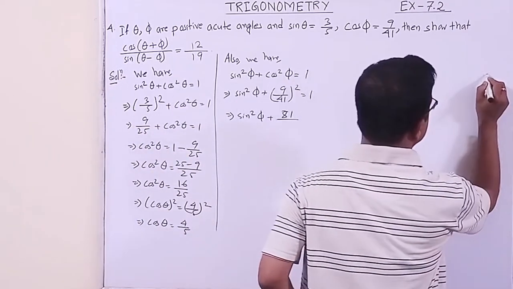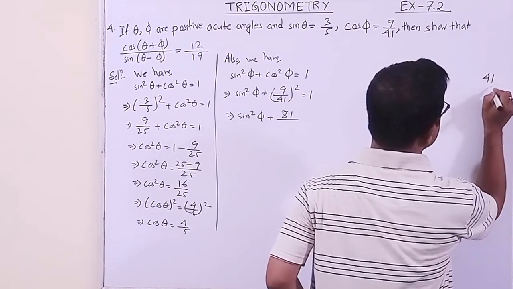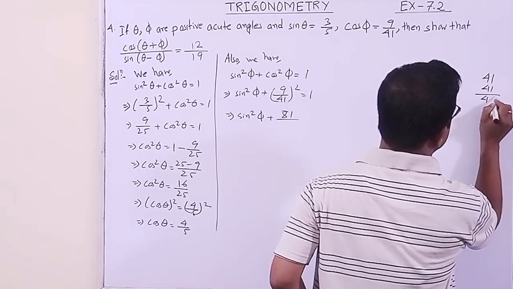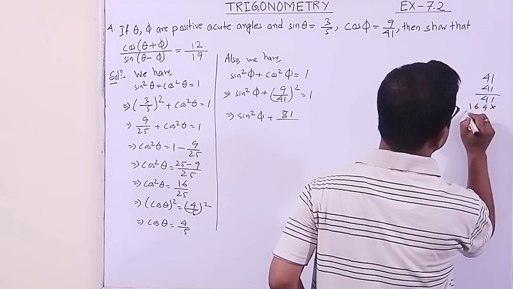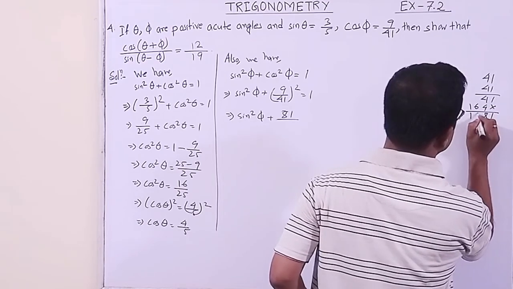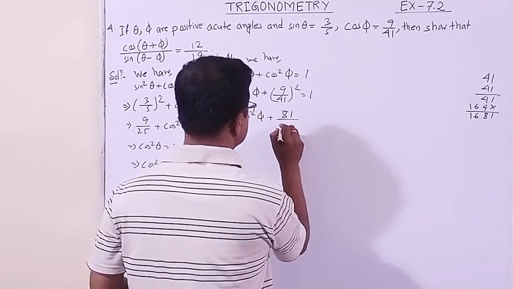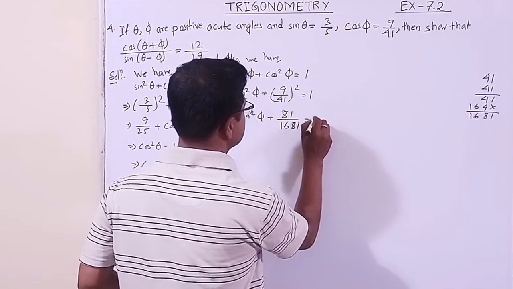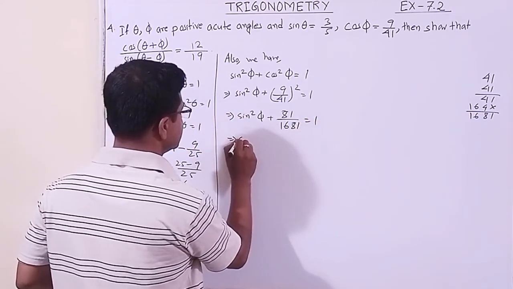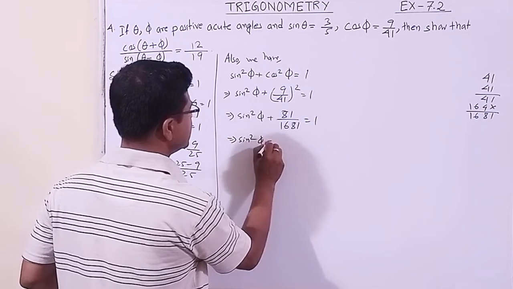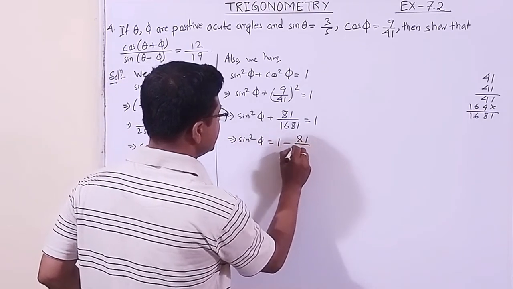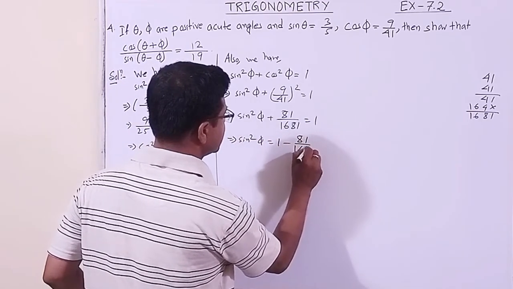Let us find 41 square. I think it is 1681. Yes, 1681. So sin square phi is equal to 1 minus 81 by 1681.